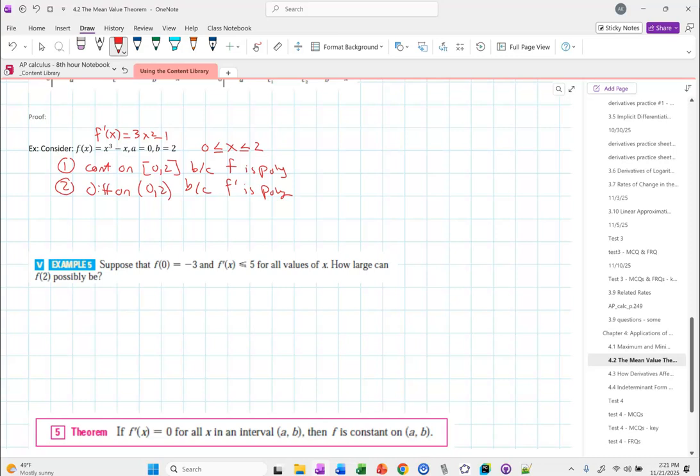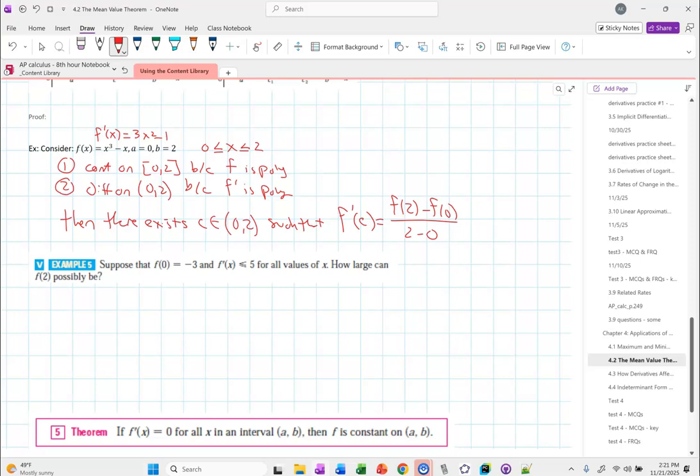Okay. So we can then say there exists some c on the interval from 0 to 2 such that f prime of c is equal to f of 2 minus f of 0 over 2 minus 0.